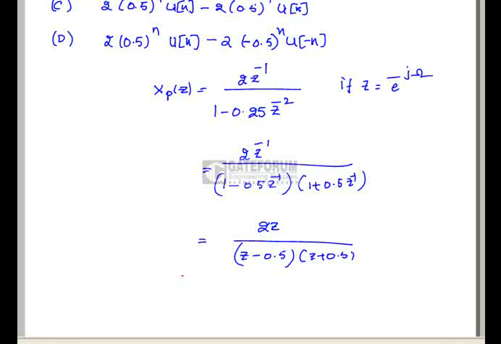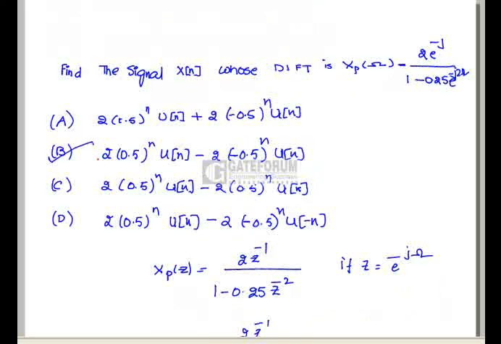In order to get x[n], we can take the inverse transform of this equation by applying a partial fraction expansion. Then we can get x[n] as 2(0.5)^n u[n] - 2(-0.5)^n u[n], which is option B. It is correct.